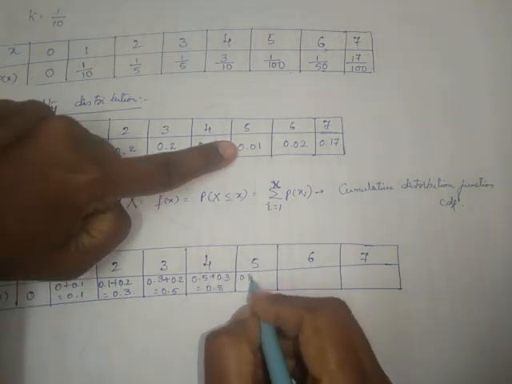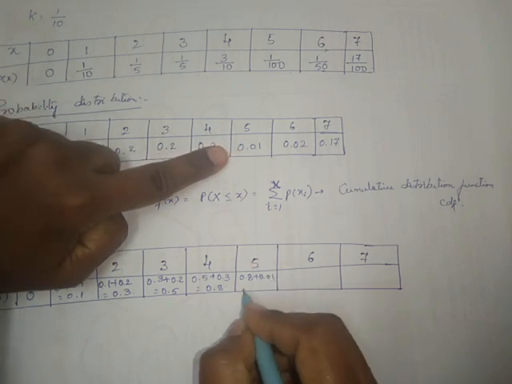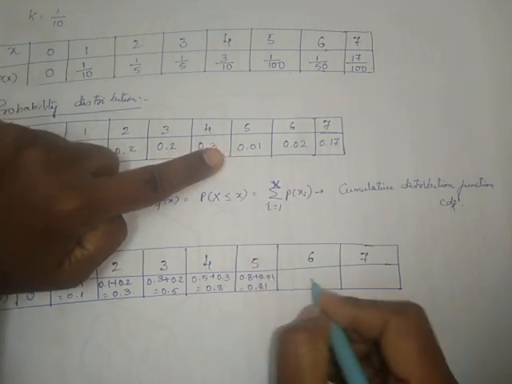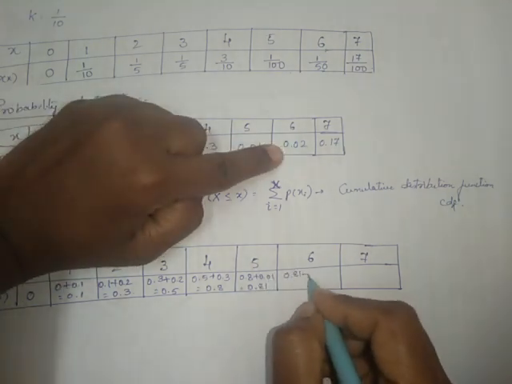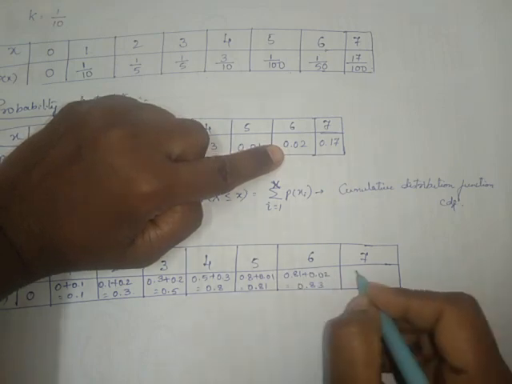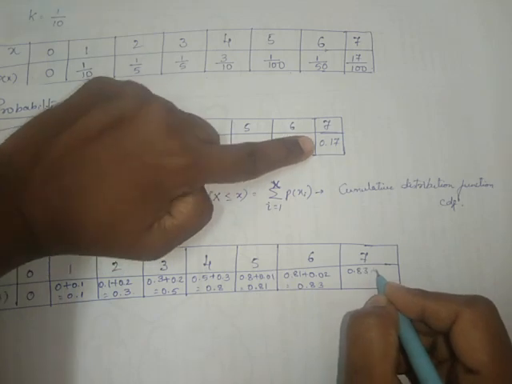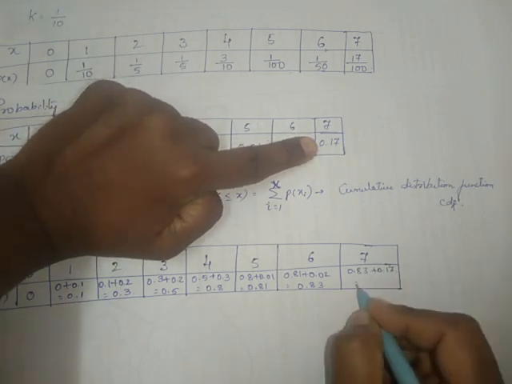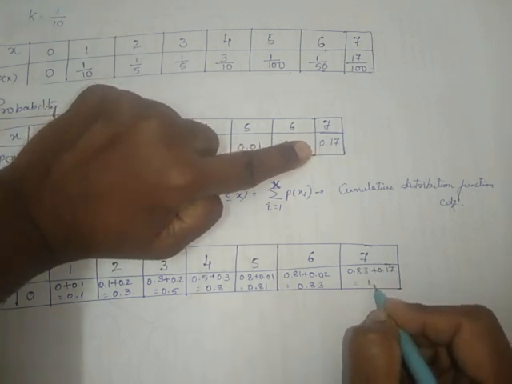Next, 0.8 plus 0.01 is 0.81. 0.81 plus 0.02 is 0.83. 0.83 plus 0.17 is equal to 1.